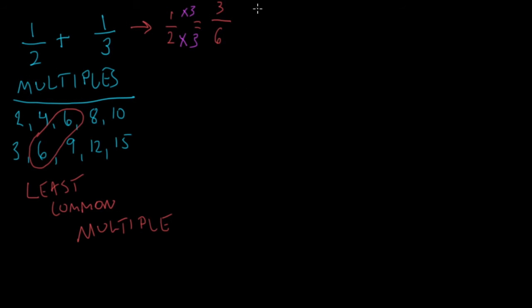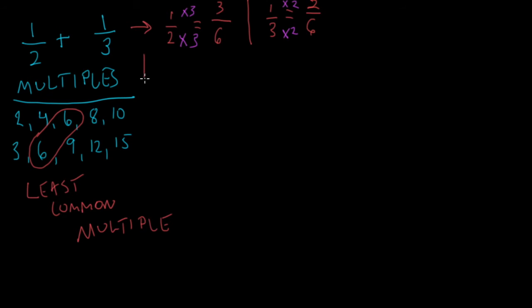Let's do the same thing with 1/3. 1/3 is equal to what out of 6? We want to get both of them out of 6. So to the bottom, we multiply by 2. Whatever we do to the bottom, we also have to do to the top. So our new fraction is 2 out of 6, because 1 times 2 is 2.